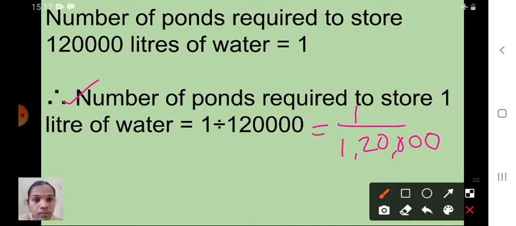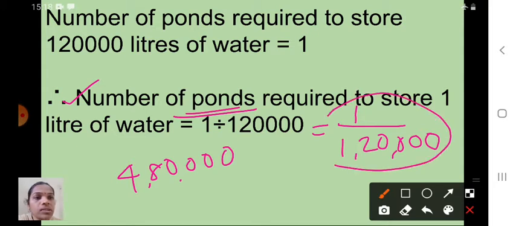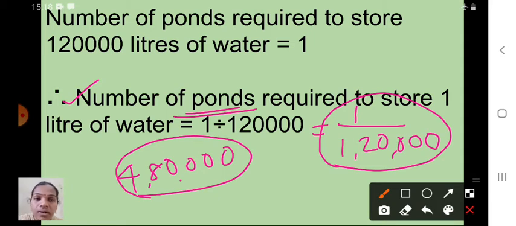So now we have to find how many ponds we need to store 4,80,000 liters of water, isn't it? For 1 liter this much is needed, so for this much liters we have to find. For that, what we have to do? Yes, multiply this one into 4,80,000. Understood now?